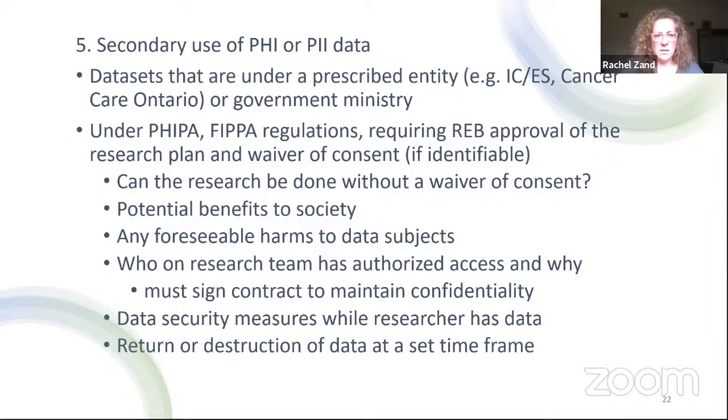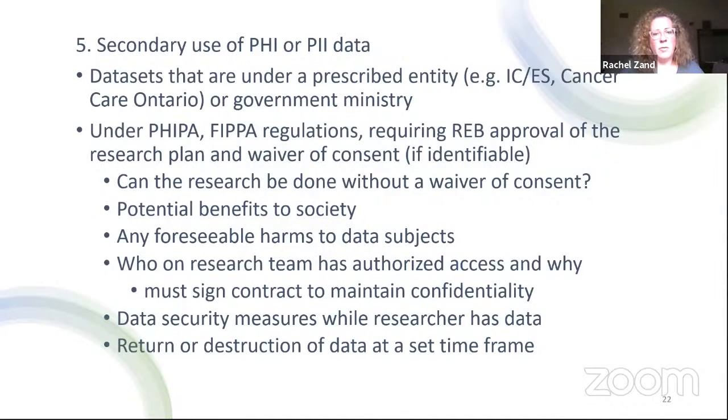So we often see data sets that are either under a prescribed entity under PHIPA, so they can be used for research purposes, or for a government ministry. They will require REB approval of the research plan and a waiver of consent if the data are identifiable. And so I'm going to go back.